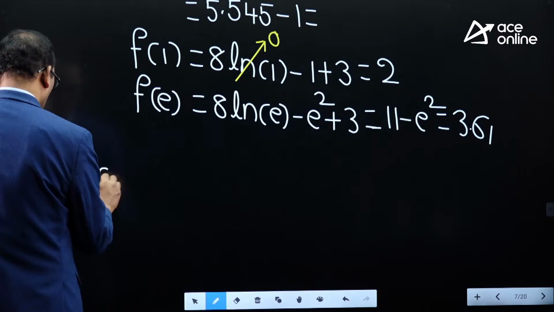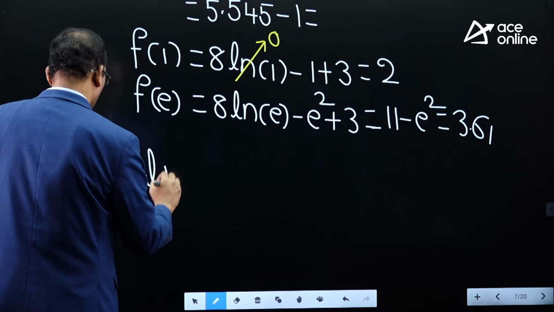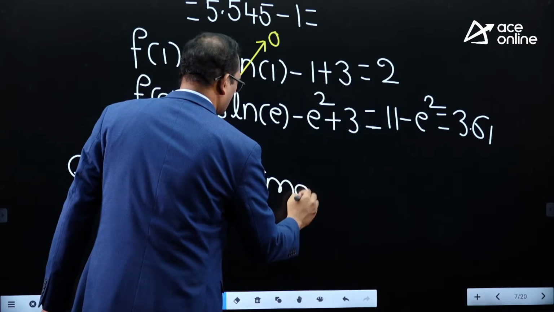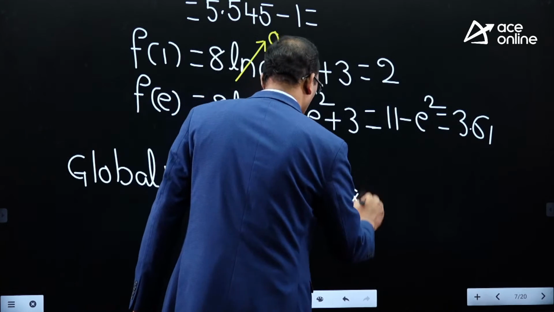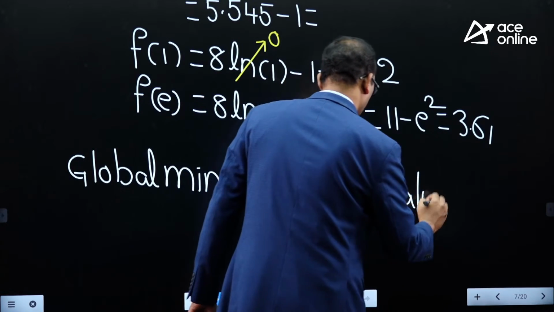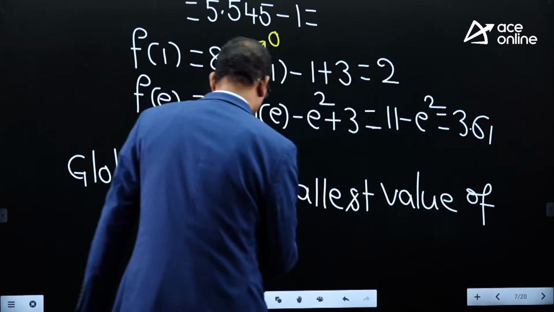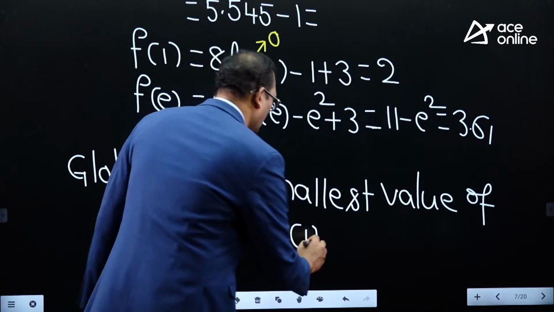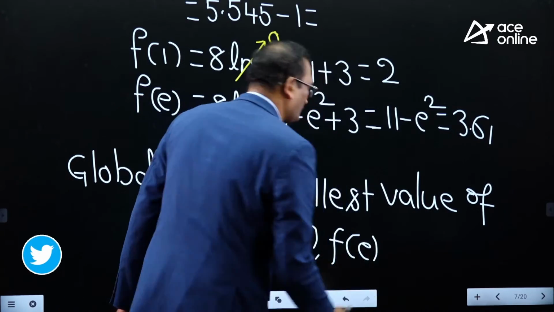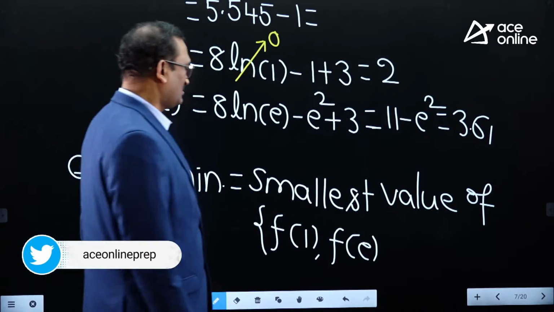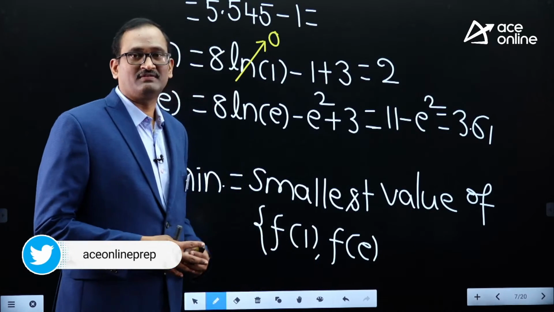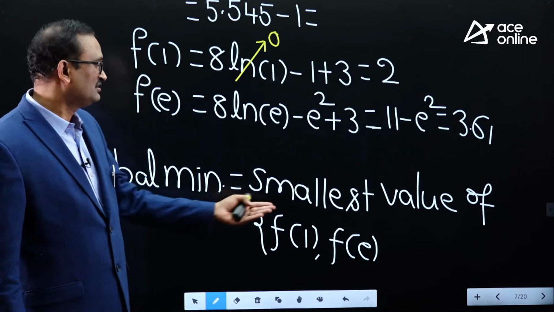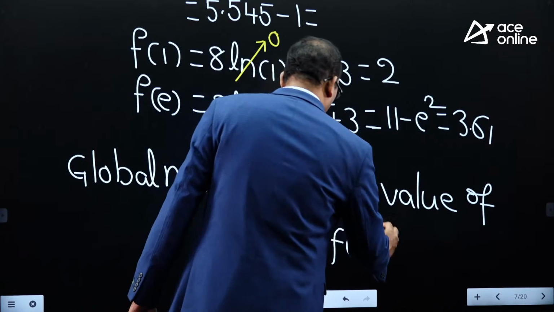Global minimum equal to, this is the formula, the smallest value of f of a, where a means one endpoint of the interval, f of b, another endpoint of the interval. Next, all local minima, but we did not get any local minima, we got local maxima only, so that's why we need not write that.